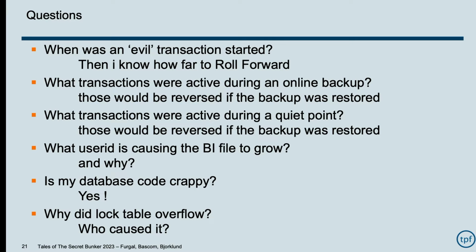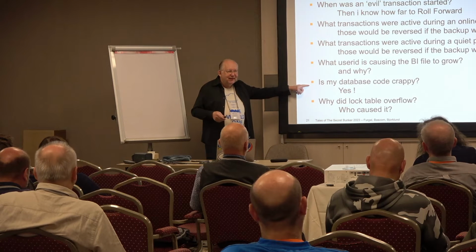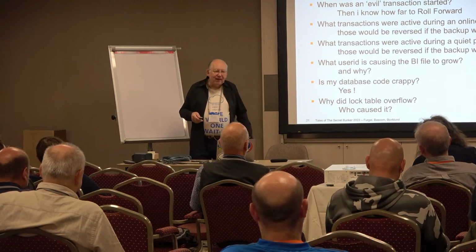If you have a problem, sometimes scanning the after image file and then filtering the text that's in there will lead you to figure out what's happened. So here are some of the questions that you could find answers to. This in particular, you know the answer, but then you have to find out which part of my code did I mess up?